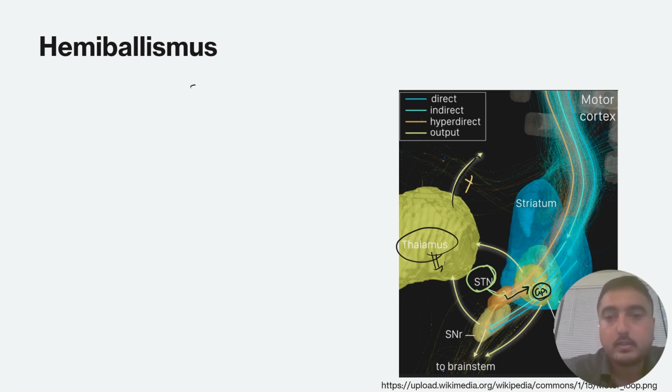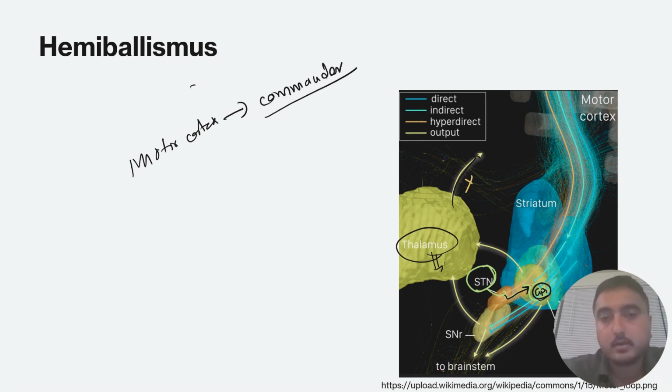So think of the motor cortex as the commander who wants to go and fight with the enemies. All right, think of subthalamic nuclei as the gatekeeper, and think of thalamus as the relay center.